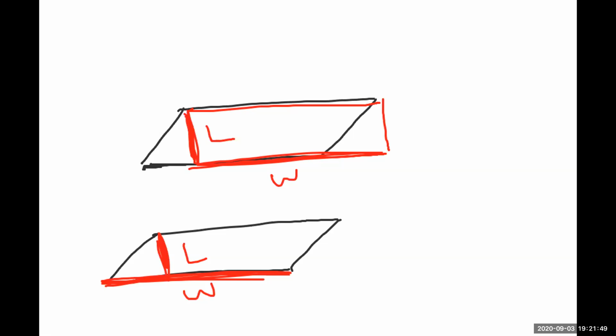So here again, if we had the length is 3 feet, width is 4 feet, and so forth, you're going to find that it comes up with the same answer as we did on the rectangular equations.